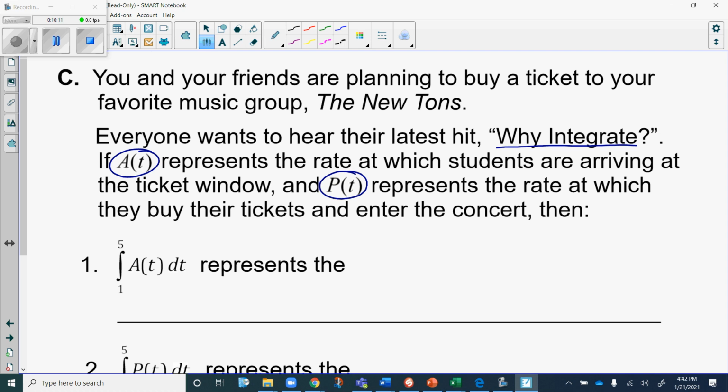Well, here, A of t represents the rate at which students are arriving at the ticket window.